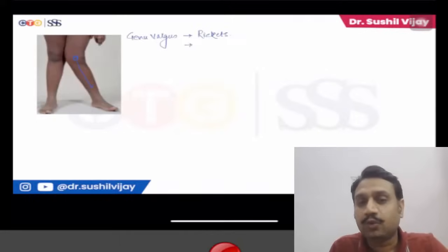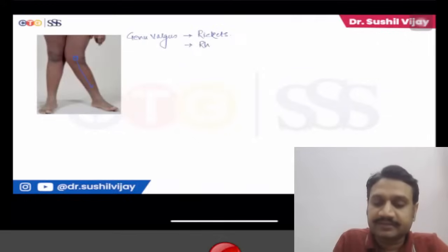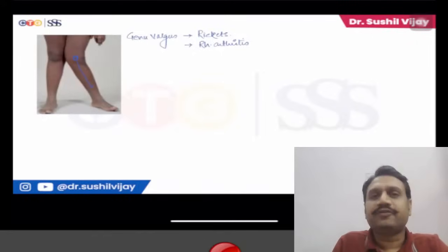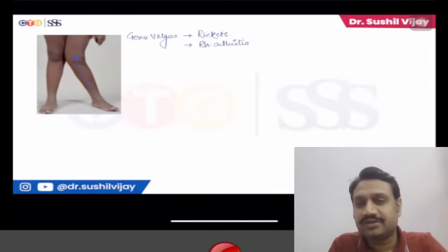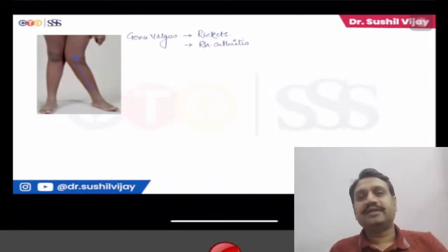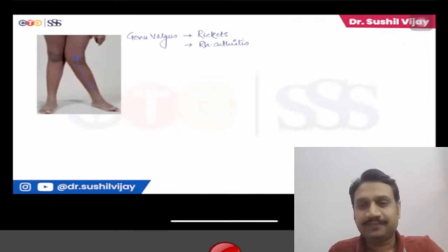In adults, the patients of rheumatoid arthritis, the patients of osteoarthritis, or any sort of degenerative arthritis. So this is genu valgus. So rickets and rheumatoid arthritis can bring this kind of leg. The leg goes laterally.